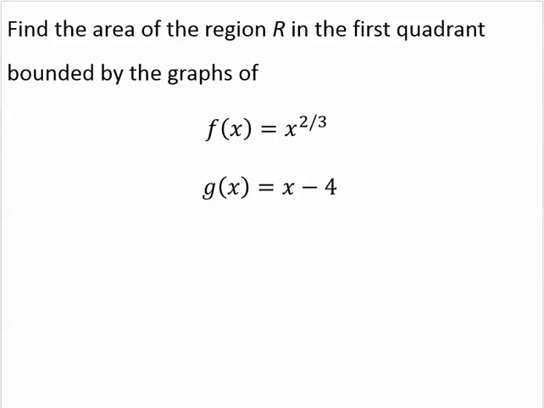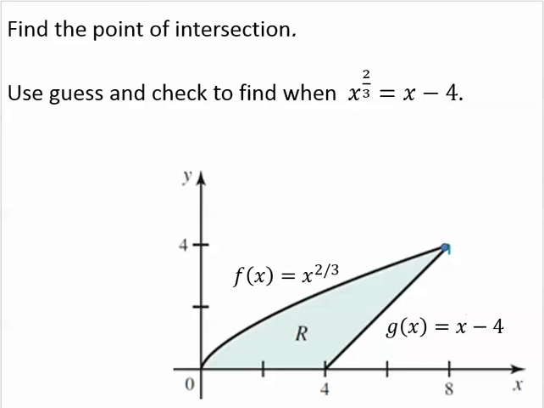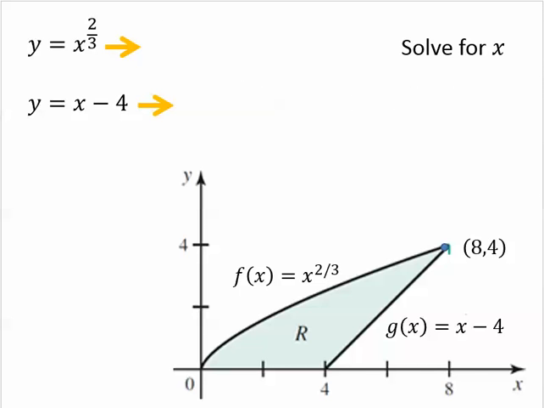So as the curves are given to me, this is my graph. We need to find the point of intersection. You can either use guess and check, or you can solve this algebraically. Guess and check works pretty nicely. It looks like x equals 8 will work. So check x equals 8, and indeed it does.